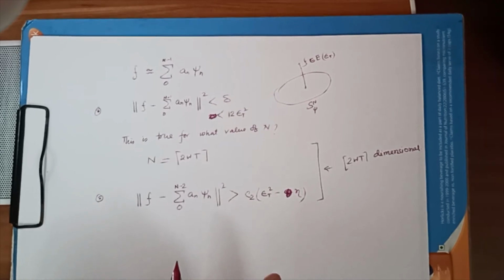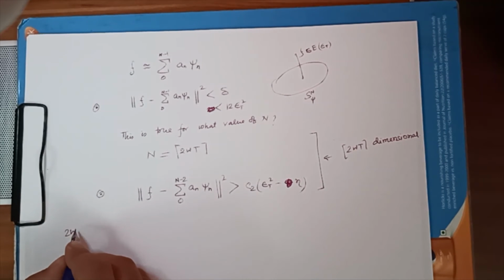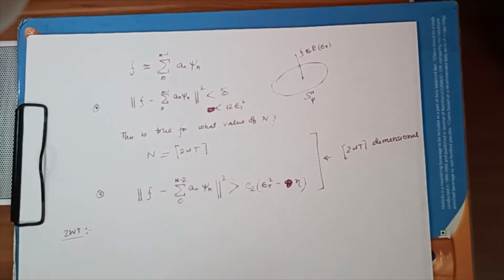So the first idea of this 2WT can be brought from Fourier series, and the second way can be brought from sampling.